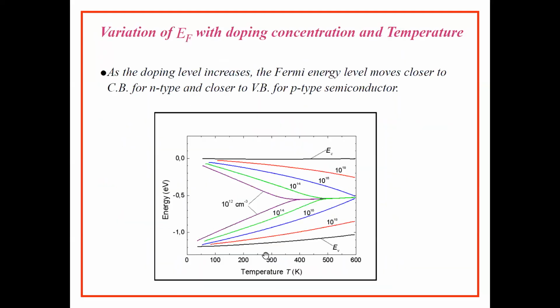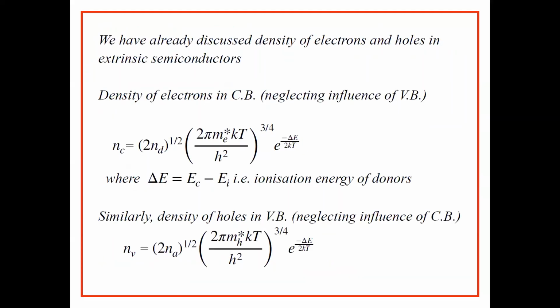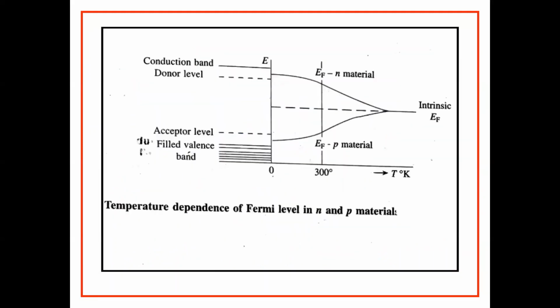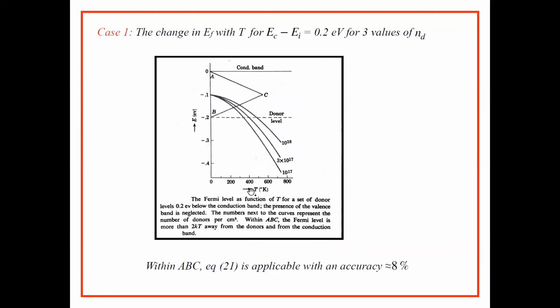Equation 21 is this, which we have already discussed in part 1 of this lecture. So for this particular case, within ABC, density of electrons in conduction band, which is given by equation 21, is applicable with an accuracy of 8%.